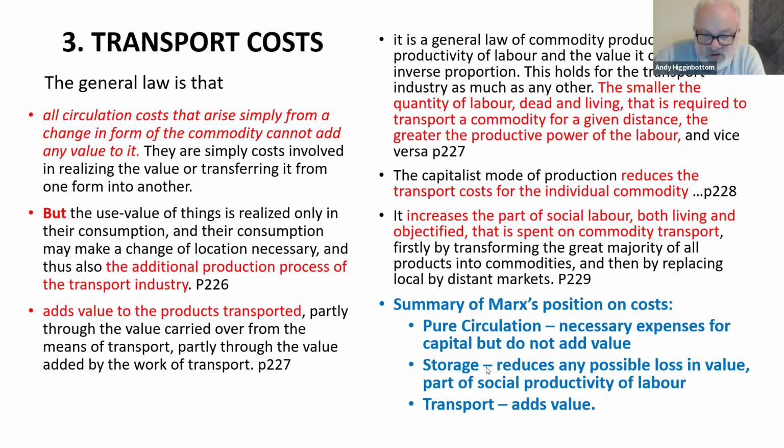There are storage costs, which prevent any loss of value. And he sees this as being a cost which is part of the social productivity of labor. The more storage you need, the more the social productivity of labor goes down. And then he sees transport as being a form which adds value to the commodities.